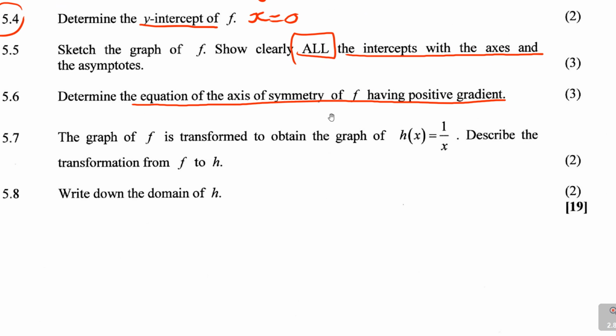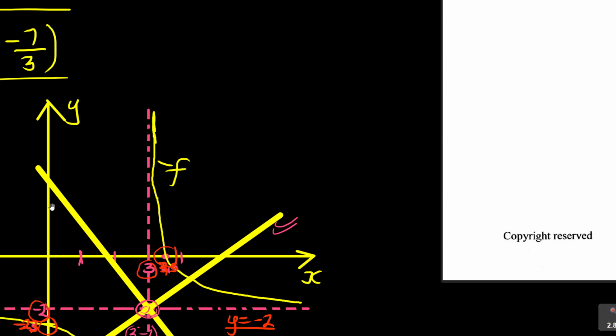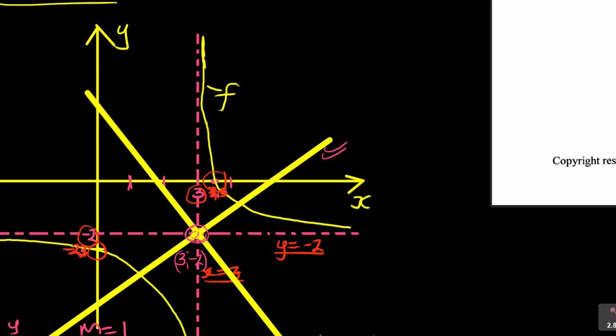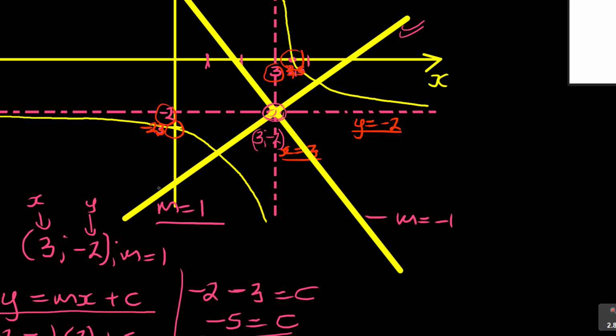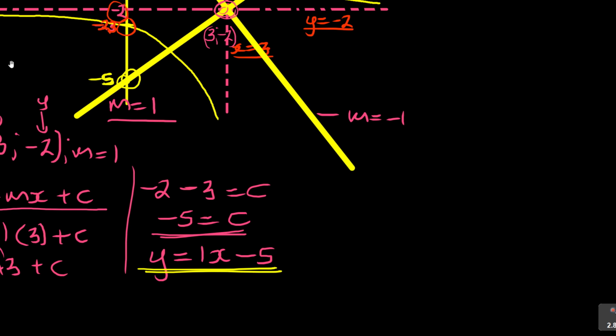When they say the equation of the axis of symmetry, if they wanted the other one, you're going to do the opposite now. So you can see that this equation, y is mx plus c, will cut here at minus 5, you see. Had they wanted the one with a negative gradient, you're going to do the opposite. To say m is equal to minus 1, the points are 3 and negative 2.